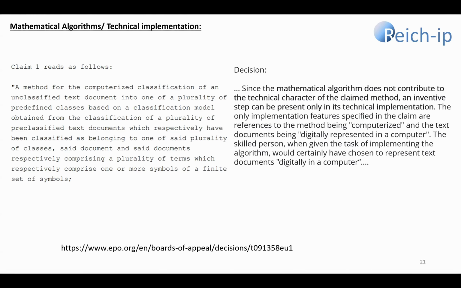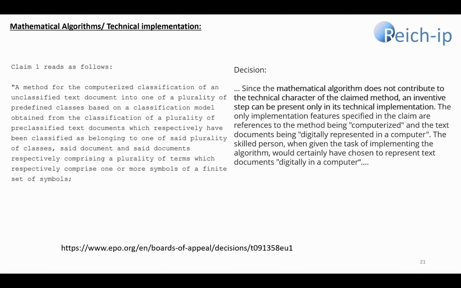You can also read it in a way, namely that mathematical algorithms in this very specific case did not contribute to the technical character. But in my point of view, there are also mathematical algorithms that indeed contribute to the technical effect of the underlying invention.